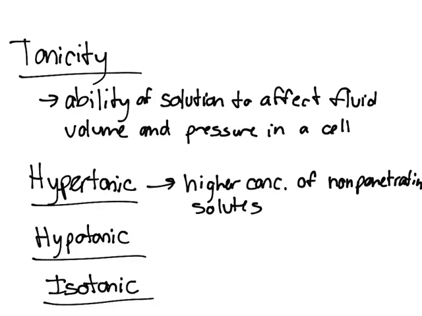And so what that means is there are more non-penetrating solutes. So as we discussed before, if there are more non-penetrating solutes outside, the cell's water will go out of the cell. So in this case, the cell shrivels.